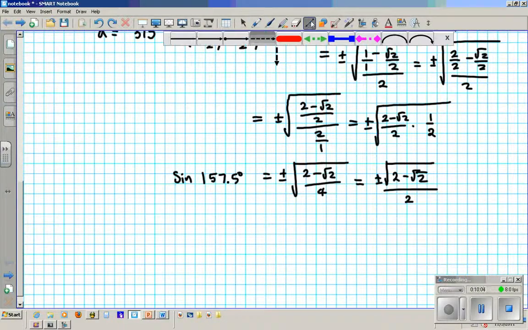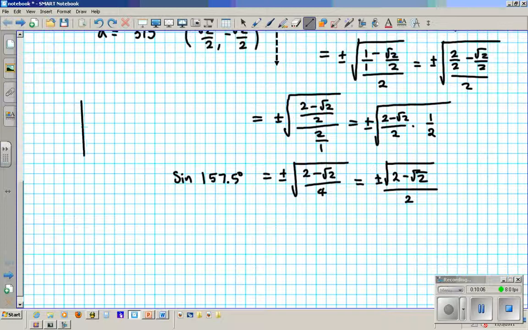If I do my coordinate system like this, I know that this is 0, 90, 180. 157.5 is somewhere here in the second quadrant. I know all students take calculus. S, second quadrant, sine. That means our answer is going to be positive.